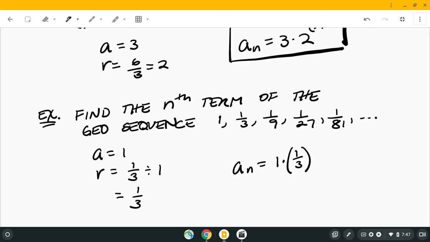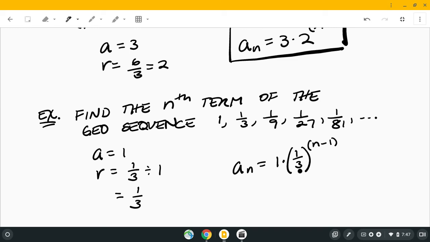Make sure you keep all of R in parentheses because all of R, the 1 and the 3, get raised to n minus 1. If you don't put parentheses around 1/3, then only the 1 will be getting the exponent, not the 3.